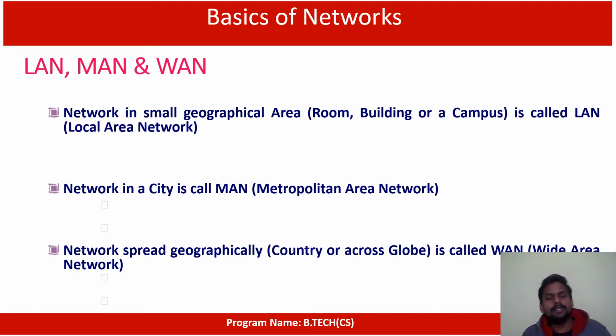Here we are simply making a connectivity between some systems, but the location plays the important role in making them different categories. Whether the connectivity happens inside the building, inside the city, or out of the city, based on these things we can categorize these networks. Right, let me move on to the next slide.